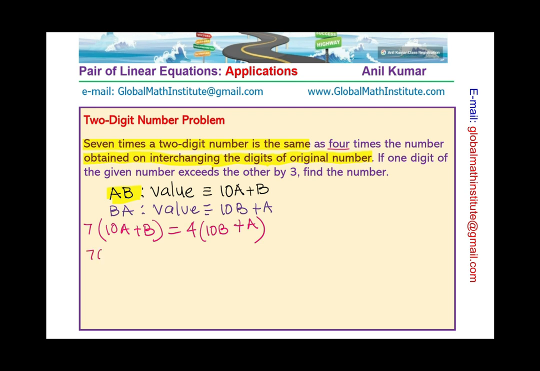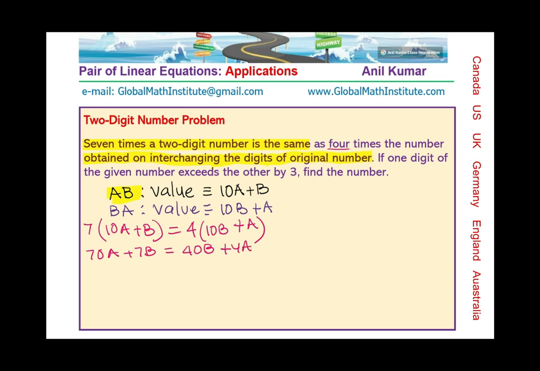We get 70A plus 7B equals 40B plus 4A. Correct. So we can kind of relate them. Bringing A to the left side, we get 70A minus 4A equals 40B minus 7B.